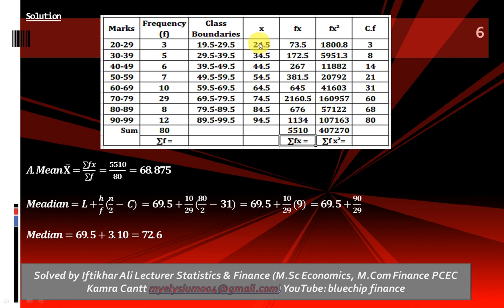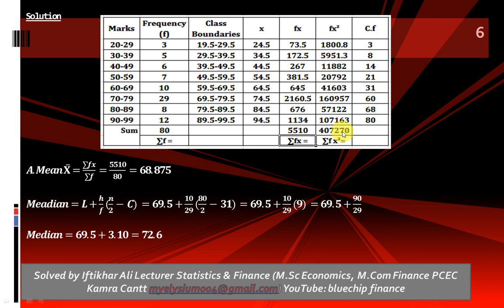So 73.5 multiplied by 24.5 equals 1800.8, and so on, and the sums of these calculations are also given. Sum of f is 80, sum of fx is 5510, sum of fx square is 407270.